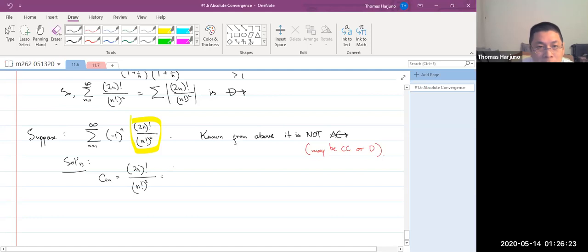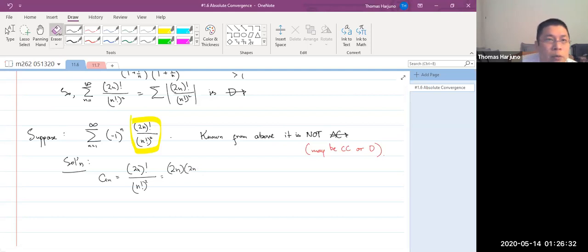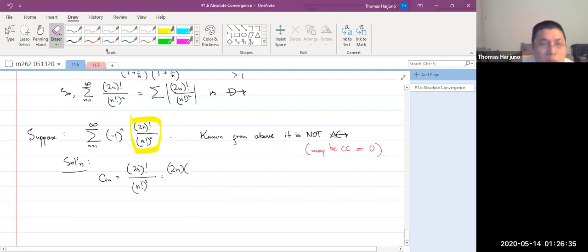This is 2n times 2n, maybe I put it this way, n plus n minus 1, n plus n minus 2, all the way down to n plus 1, and then n factorial. That's for the top.